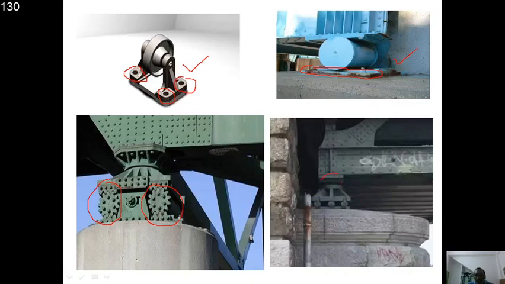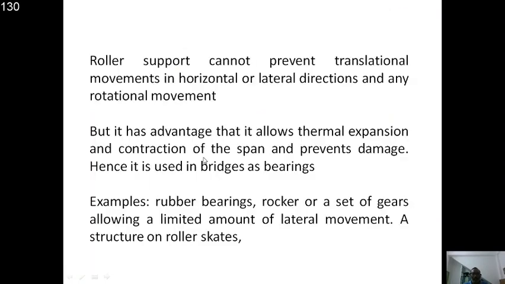Here also you can see the roller arrangement for the masonry column structure at the dam to support the girders. So this is the arrangement of the rollers. The roller support cannot prevent translatory movements in horizontal or lateral directions, or any rotational movement.